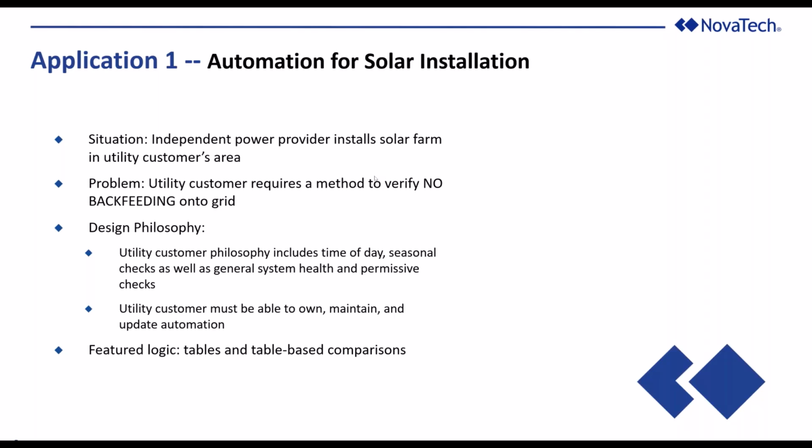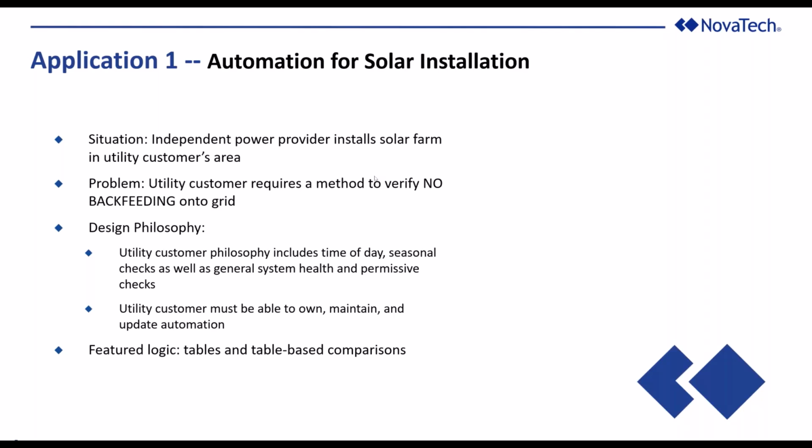So certain tags that we were considering were time of day, seasonal checks, general system health, so some things could go wrong there that you would trip off for, and then also recloser statuses and other permissive checks. The requirement, though, is the utility owns control of this installation, but they actually don't own the installation. And some of you might have seen situations like this before, so might be familiar to you.